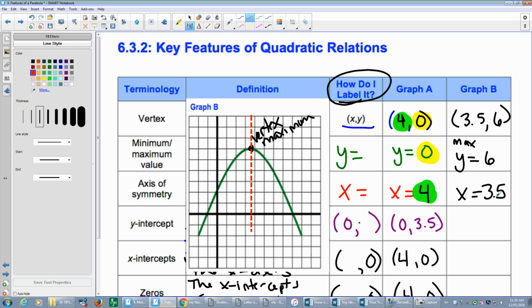Okay, Cyrus, my y-intercept, where is that? Very good. This is my y-intercept. And it occurs at 0, 2. My x-intercepts. There's more than one here, and it's okay to have more than one. Juan, can you give me one x-intercept here?